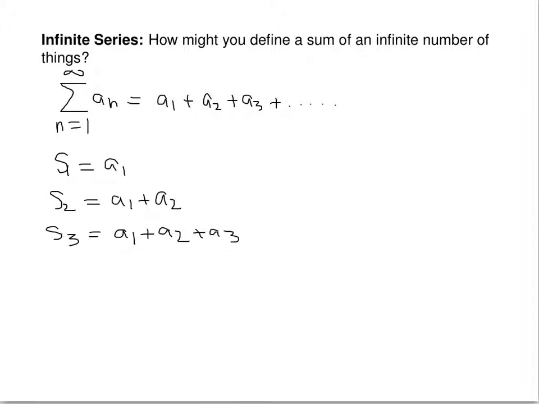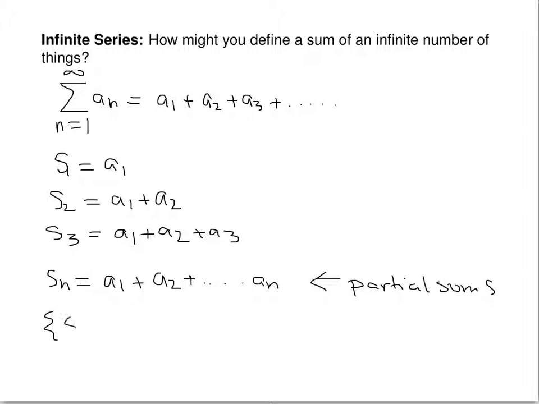And in general, Sn is equal to the sum of the first n terms, A1 plus A2 plus all the way up to An. These are called partial sums, and this makes a sequence. We have the sequence S sub n of partial sums.